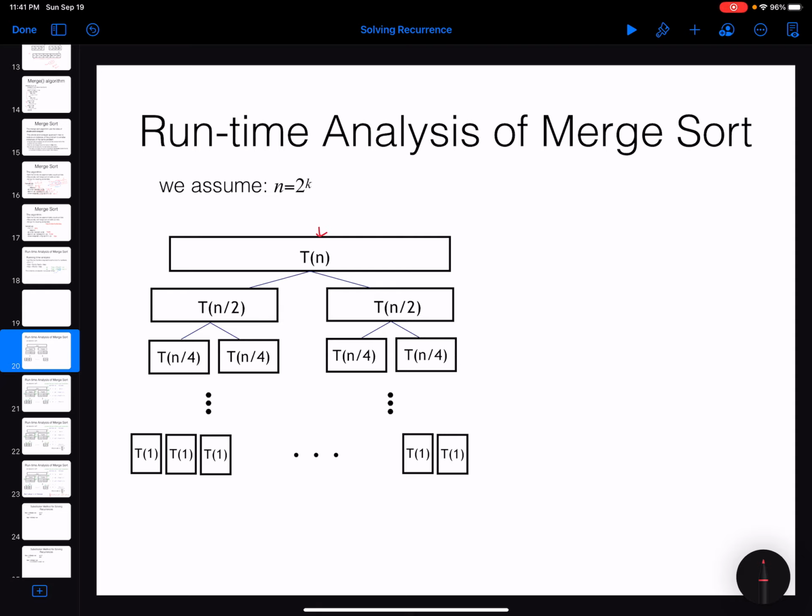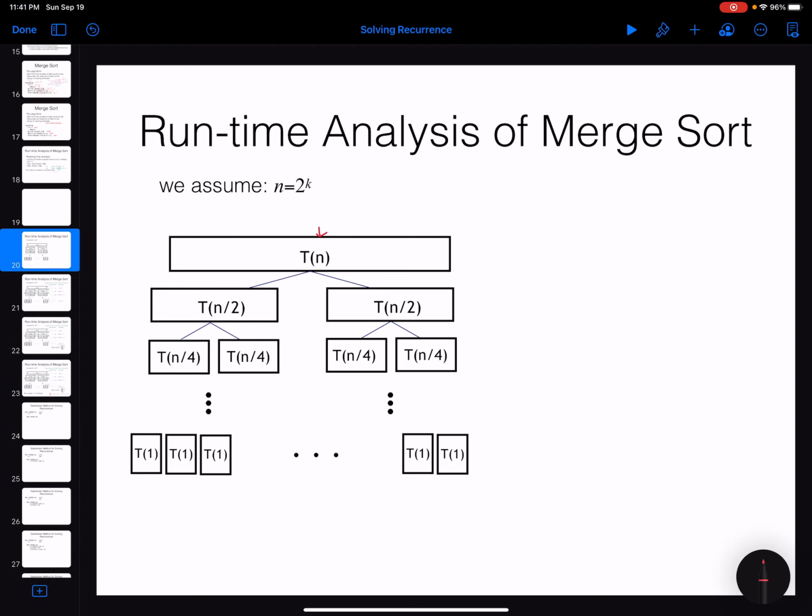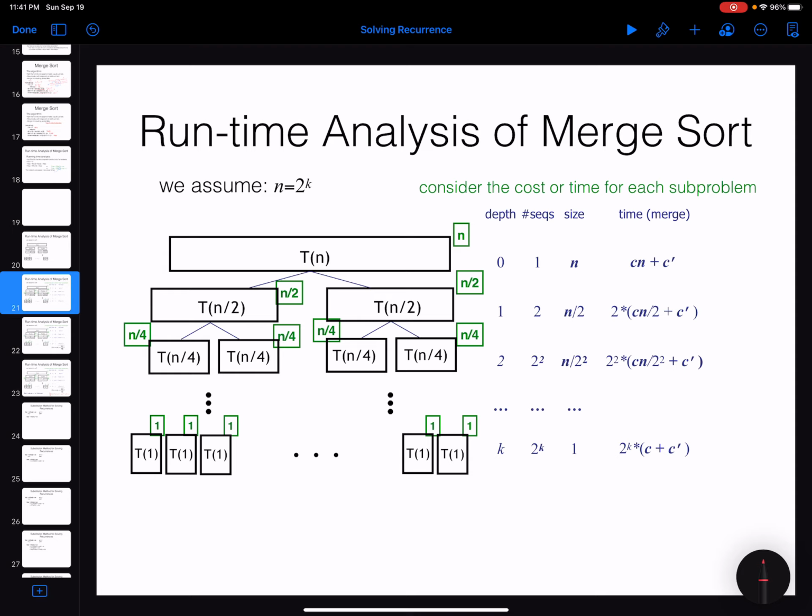We need to find the cost for each of these boxes, and get the summation over all of that to figure out what the total cost is going to be. So what is the cost of each of these boxes?